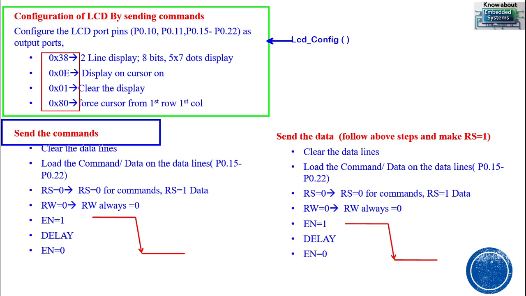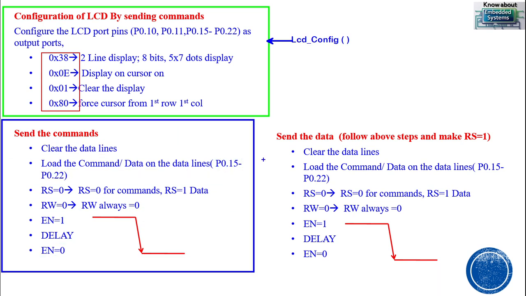In the second part of the coding, I need to send the commands. The second part will be LCD command transmission. I'm going to develop a function like this, LCD command transmission. In it I need to follow some steps. The first step to send the command is to clear the data lines, then load the data or command on the data lines.